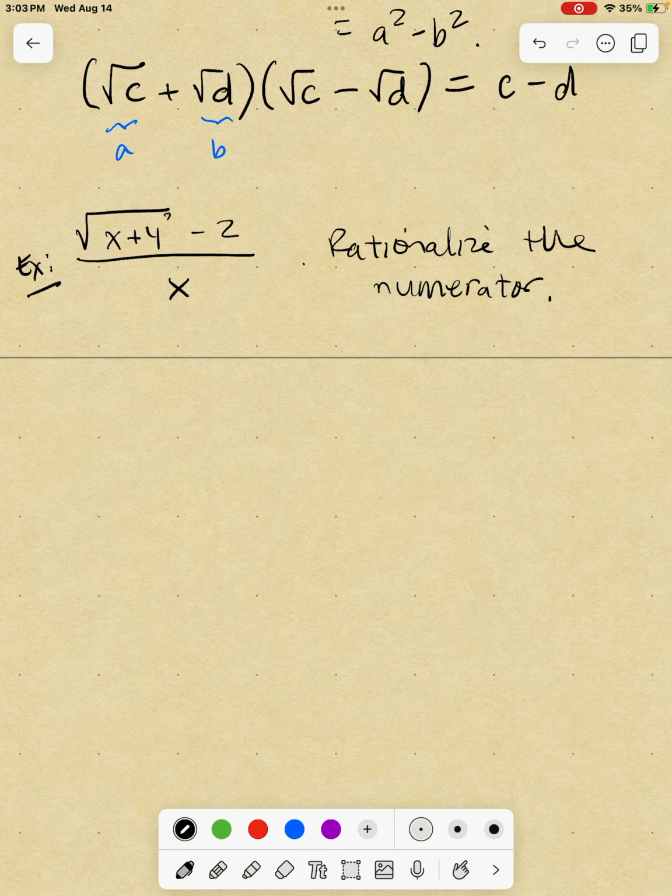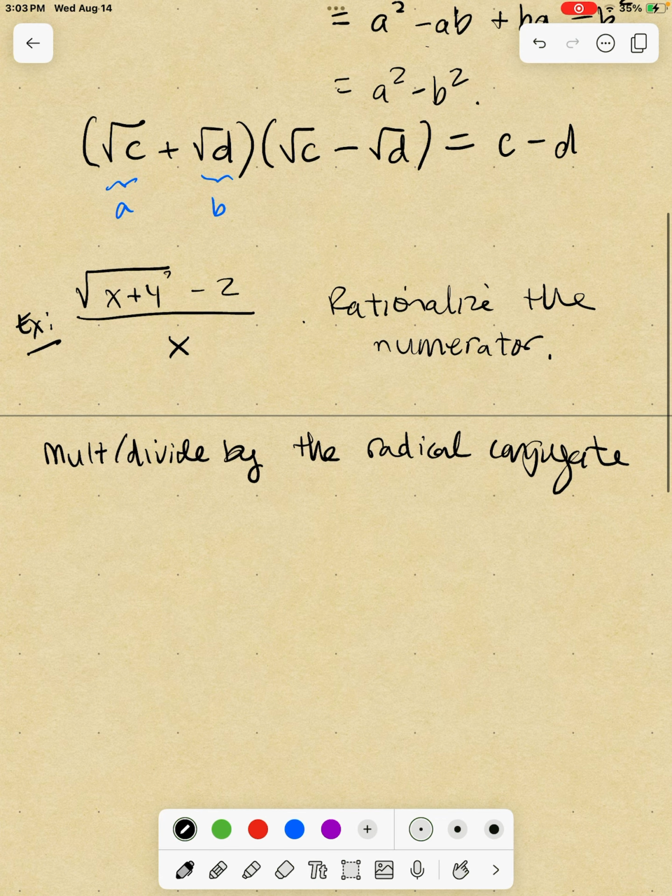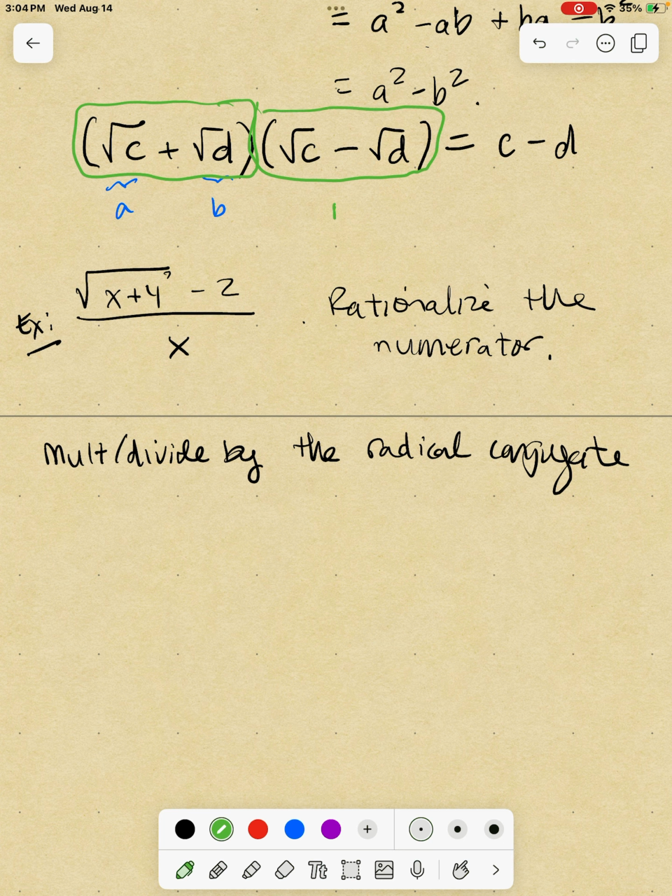We multiply and divide by what's called the conjugate, or the radical conjugate. So what's that? The radical conjugate of the square root of c plus the square root of d is the square root of c minus the square root of d, and vice versa. These two are called radical conjugates.